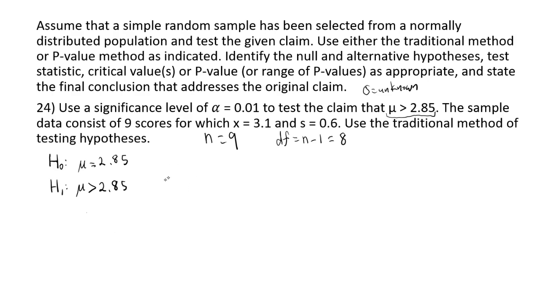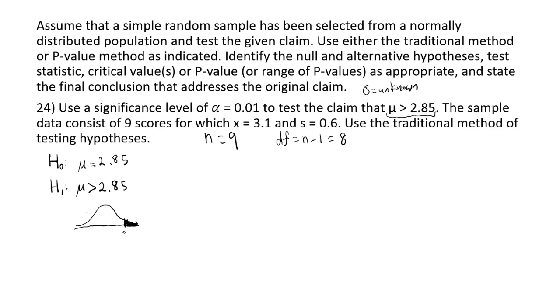And then the second step, you have to figure out what's the critical value for alpha equal to 0.01. Now notice that this is one tail because it's an inequality, and because mu is greater than, that actually is going for this right tail.